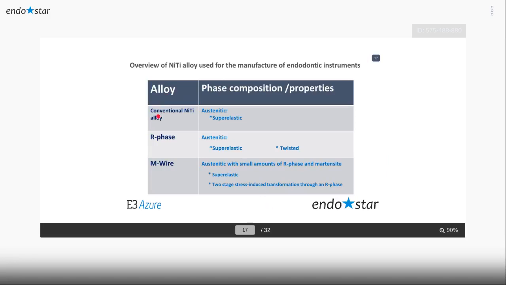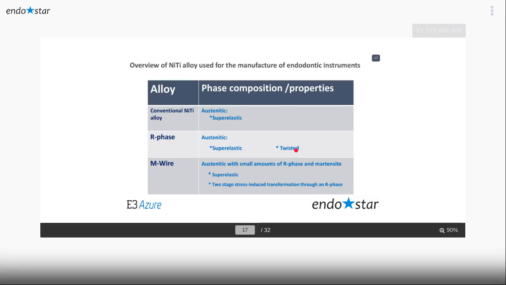As we will speak right now, the old conventional nickel titanium, which is austenitic, has only the property of being super elastic. But the R phase, which is a phase between the martensitic and austenitic, is super elastic, and they have been able to make the file by twisting, not by grinding.